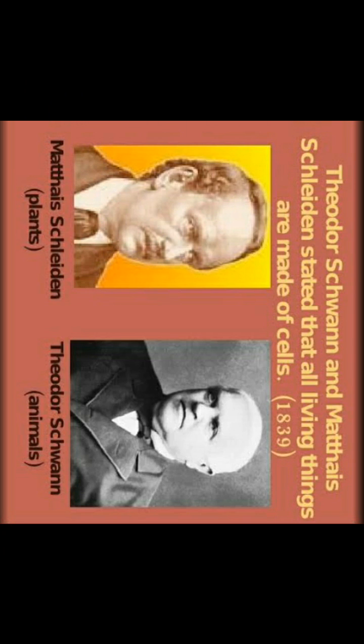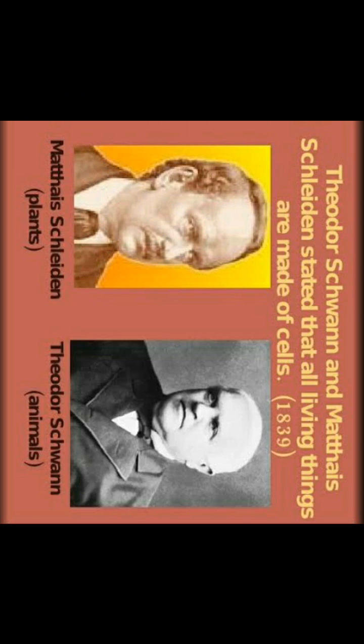Next, inside each cell, there is a dense membrane-bound structure called the nucleus. Who discovered the nucleus? In this class we discussed, Robert Brown, right? This nucleus contains the chromosomes, which in turn contain the genetic material DNA, deoxyribonucleic acid.